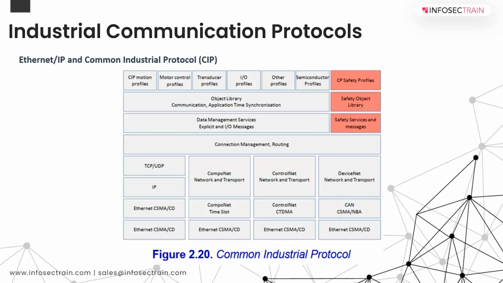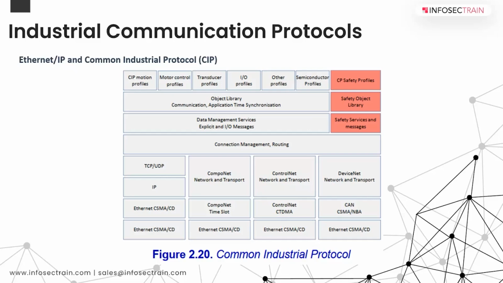Then, of course, another prevalent adaptation of CIP is DeviceNet. Basically, it is a CIP adaptation with a CAN controller. So we have been talking about CIP and CIP adaptations.